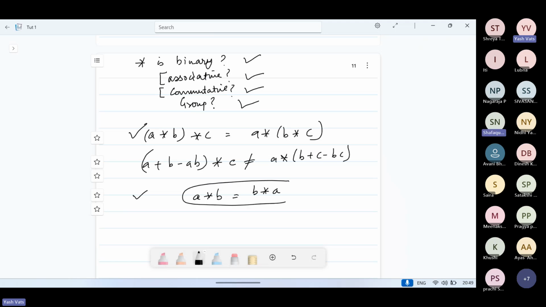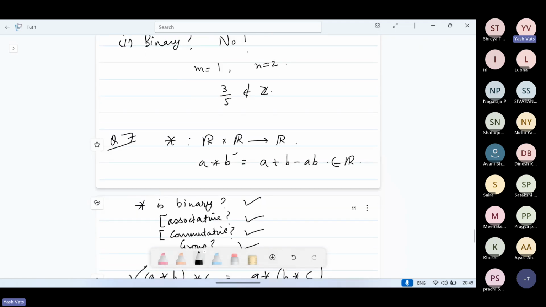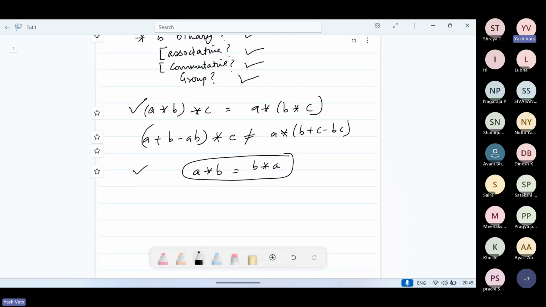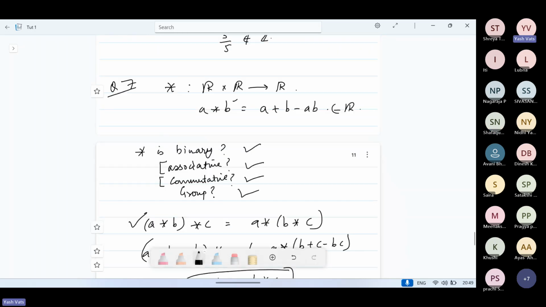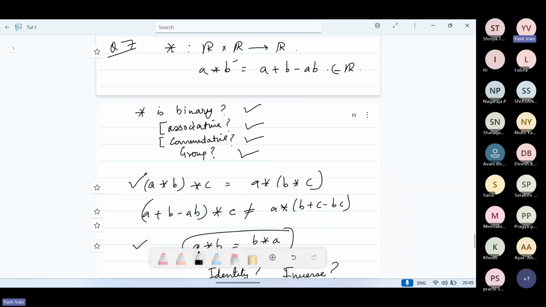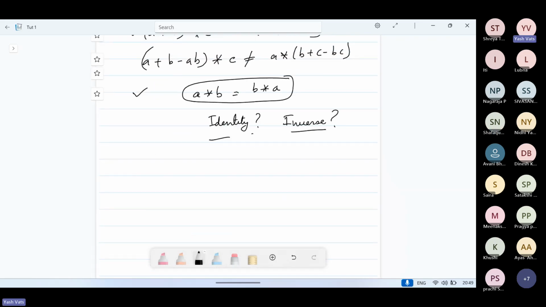This is the commutative property and it satisfies it. Then you check what the identity and inverse are, and then you can find that. Okay, so that's about this.